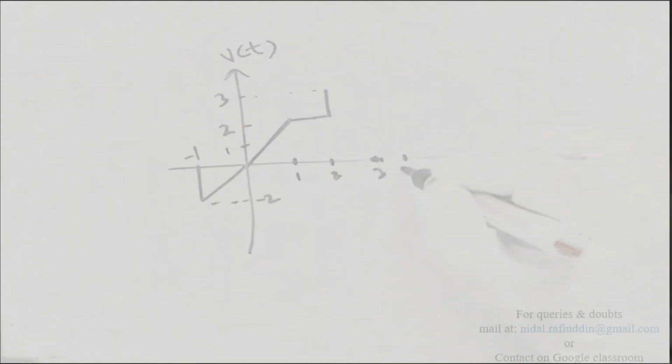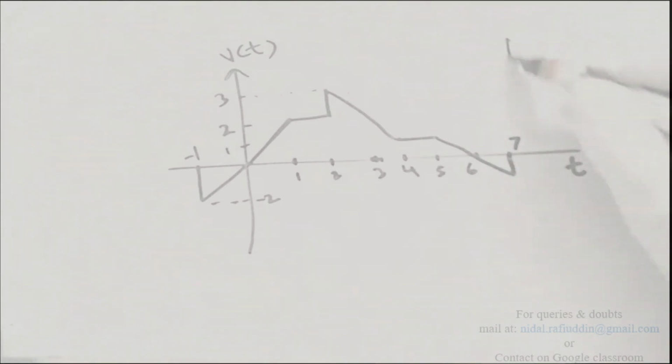So this is t equal to 3, this is 4. Then between 4 and 5 a straight line, and then we have 6, 7, a negative slope, and then again a 0. So you are required to submit this as a home assignment. So this is your home assignment, question number 3 probably.